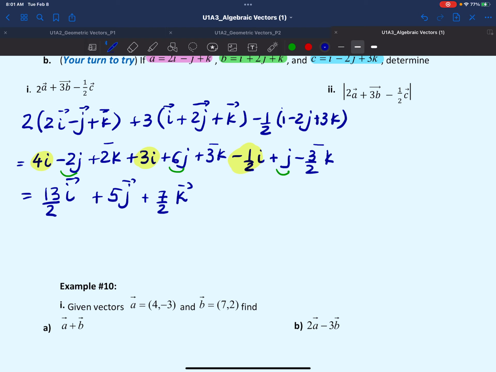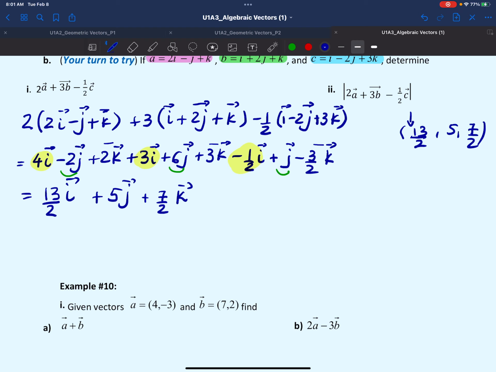And don't forget to write the vector in component form before you start finding the magnitude, which makes it easier. It's not a mess though. And we're going to say that the component form of this vector would be 13 over 2, 5, and 7 over 2.